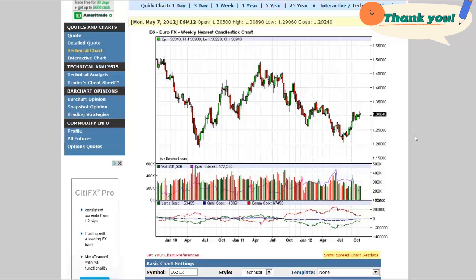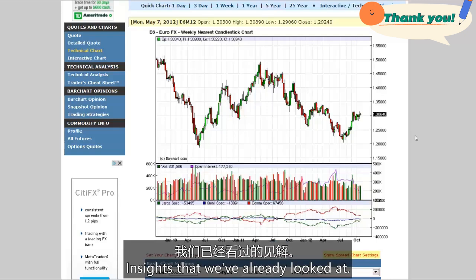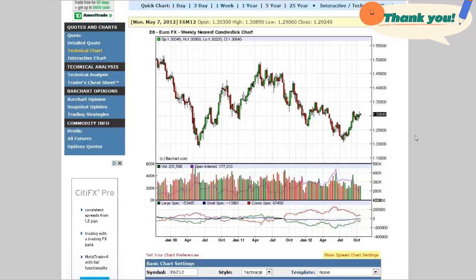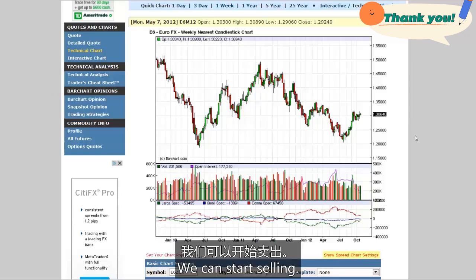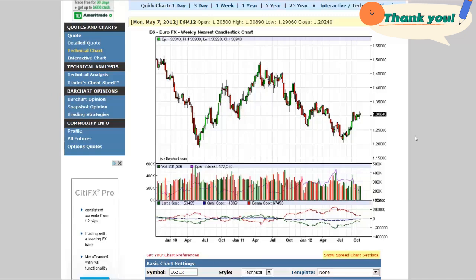Okay, so now we have the COT, open interest, supporting the notion that the seasonal tendency for weaker cable and fiber and higher dollar in the spring, we see that also supporting the interest rate insights that we've already looked at. And now we have a sell program, okay, in place. Now we can look for shorts. We can start selling, okay, for a short position going into the summer months.